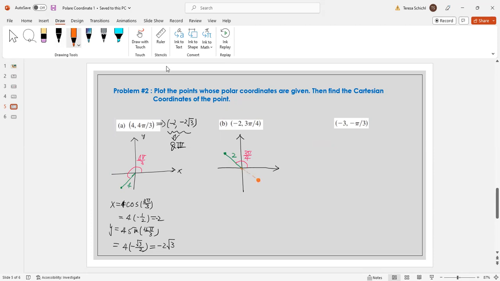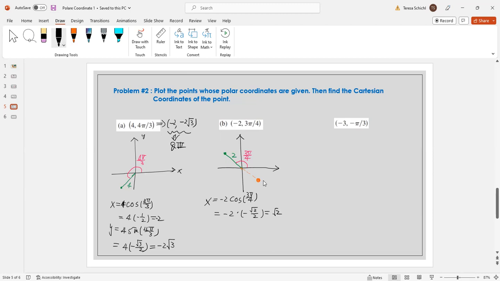I expect my x should be positive and my y should be negative. So x is equal to negative 2 cosine 3 pi over 4. Cosine 3 pi over 4 is negative square root of 2 over 2, so negative 2 times negative square root of 2 over 2. I do have a positive.